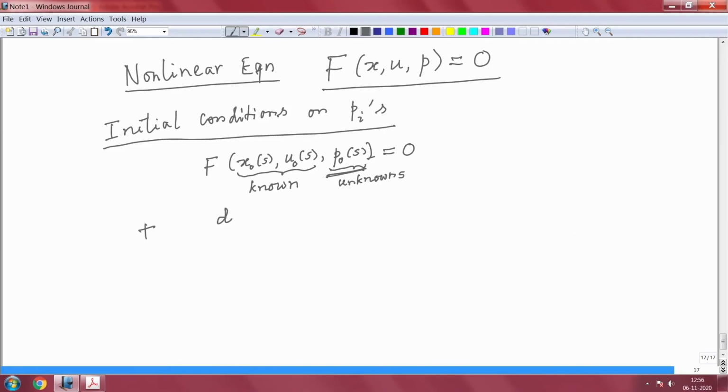Namely du 0 by ds equal to p 0 dx 0 by ds.